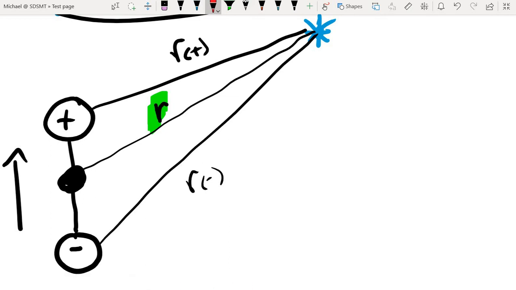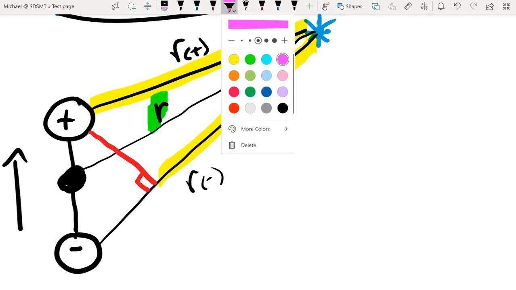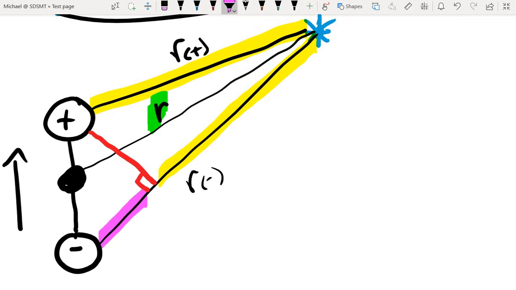And I'm going to draw it in such a way that the line intercepts at a right angle. And so what this does is it basically takes the length of R positive and sets it equal to this portion of R negative. And the reason we want to do that is so that we can figure out what is this remaining length right here.